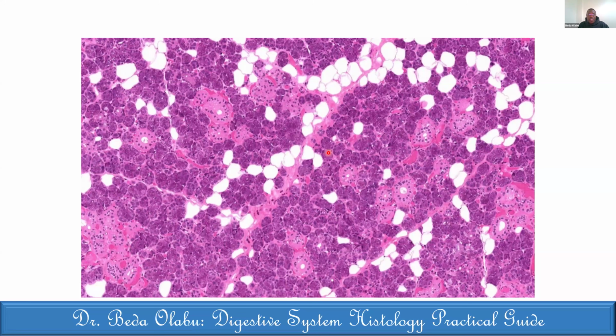Don't confuse the adipocytes with the mucus acini. Take note that within the parenchyma, you also see ducts like that, and that one, and that one. So these ducts are within the lobules, so they qualify to be called intralobular ducts.